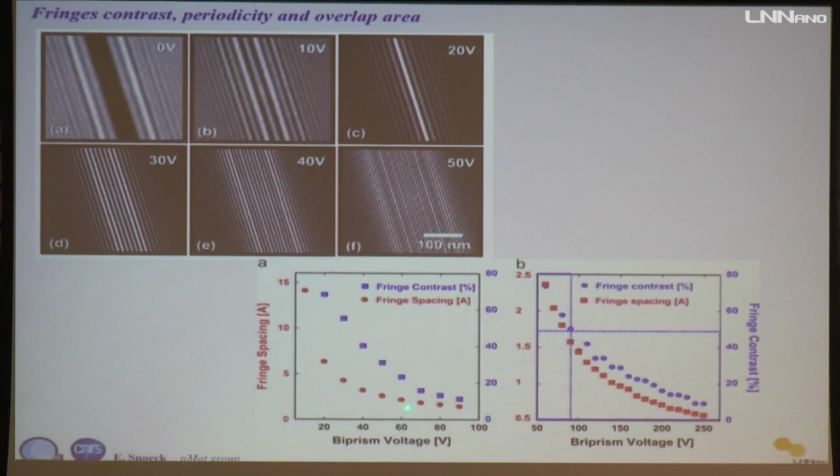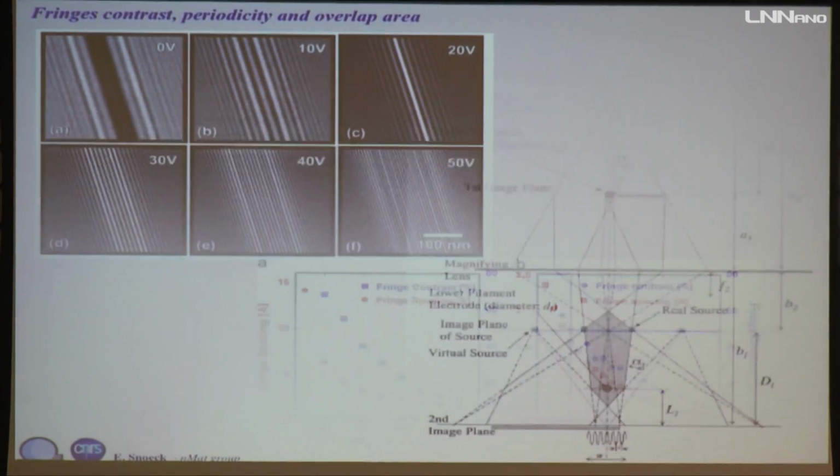This is for a particular regime, and this is for another type of regime as well. And you see that when you go up in voltage, you have almost 2-3% of contrast, so you cannot do anything with that.